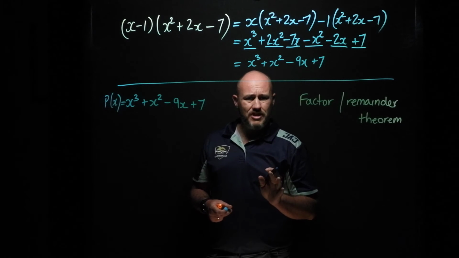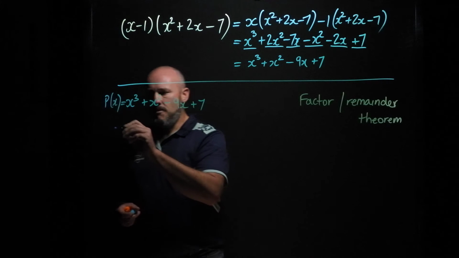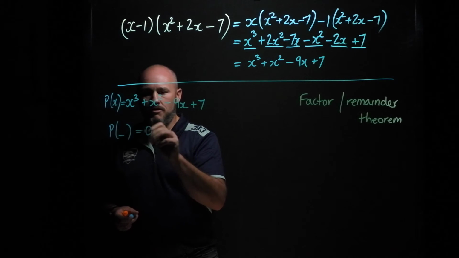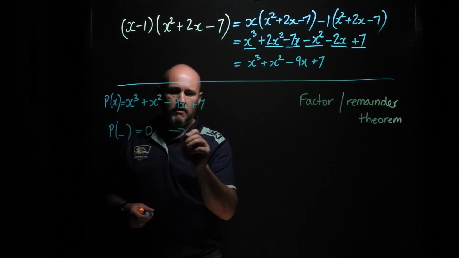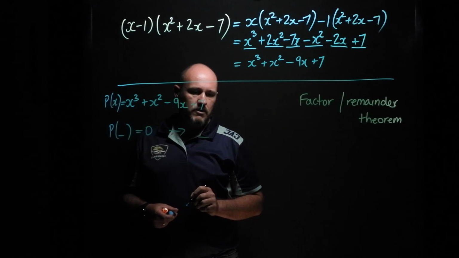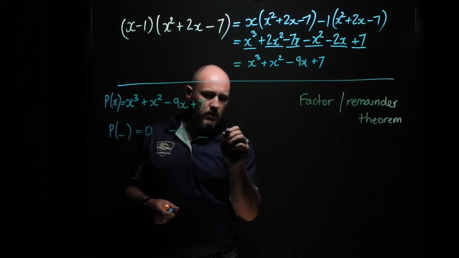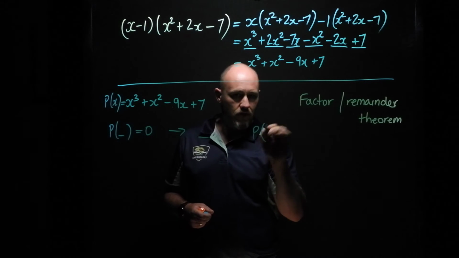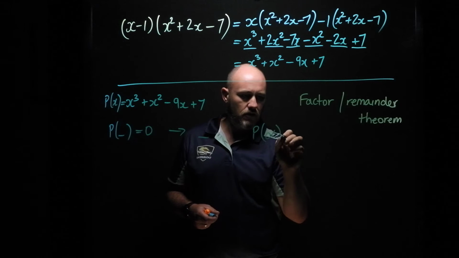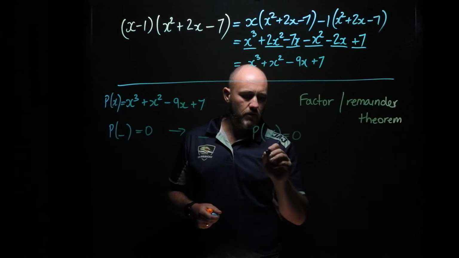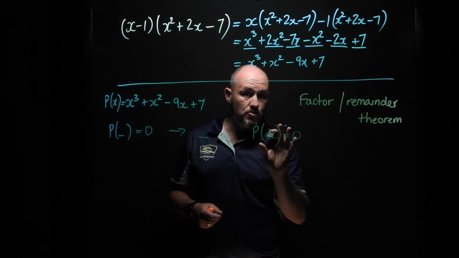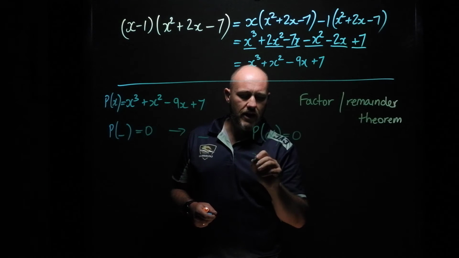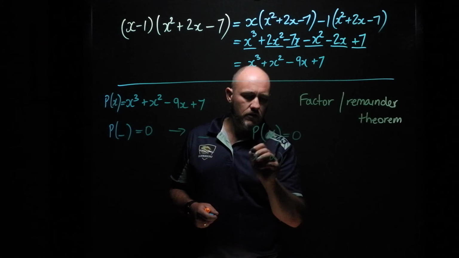Now the factor theorem states that if P of some number equals 0, then that number is a factor. So actually let's write this out better: P of alpha equals 0 means that alpha is a root to the equation, a root or a zero, and x minus alpha is a factor.